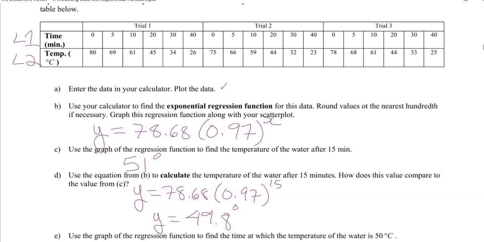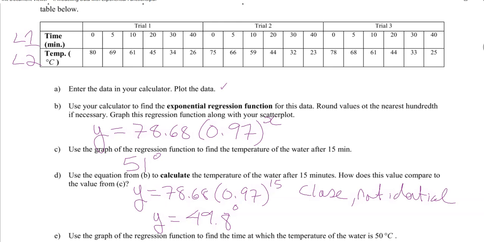How does that compare to the value from C? Close, but not identical. Is that just because of rounding? Basically, that is exactly because of rounding. The calculator is using the y1.